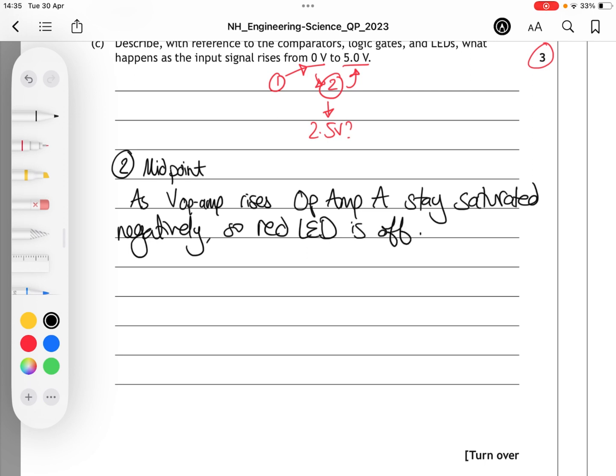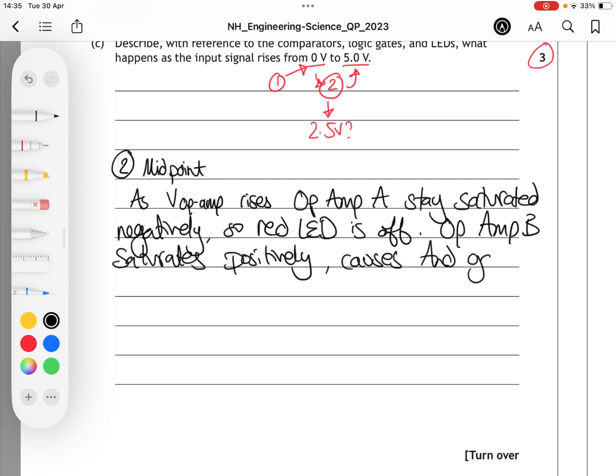And we want to say that op-amp B is now going to saturate high, or positively. And that causes the AND gate to give a high signal.